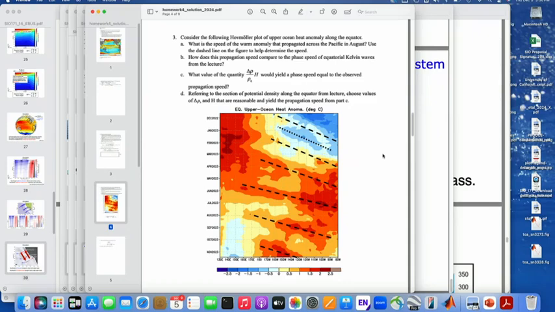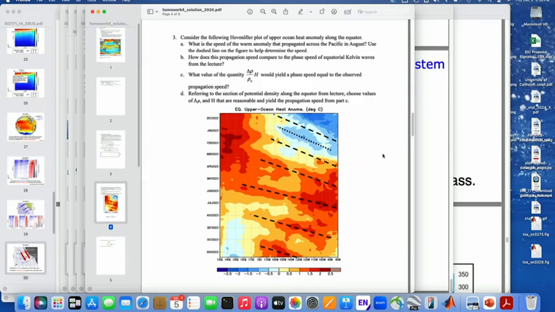And so these series of Kelvin waves are what happen to set up an El Niño. Basically this was a little problem to have you think about that. First, what is the speed of the warm anomaly that propagates across the Pacific in August? So there it is, that's in August.